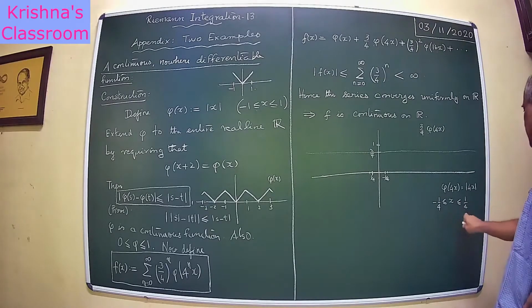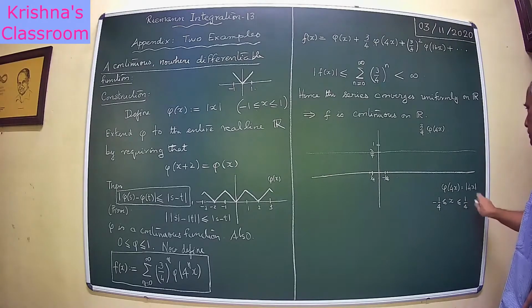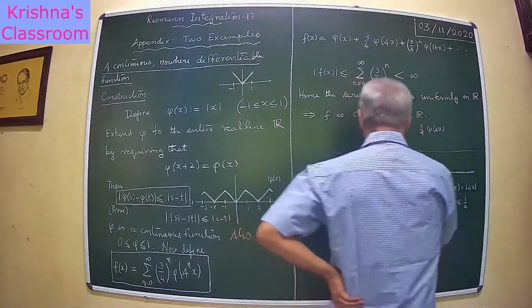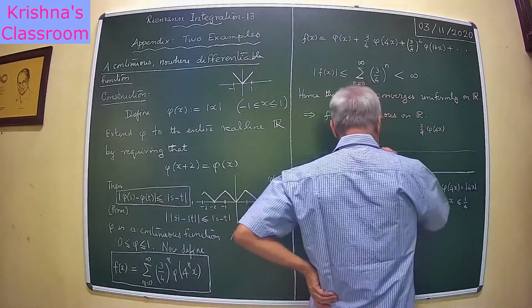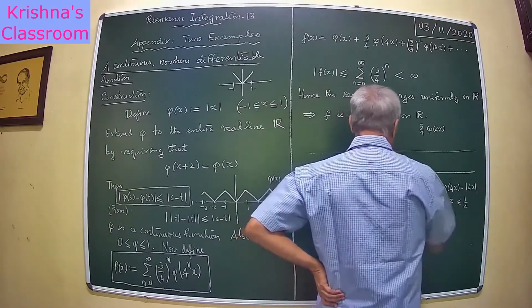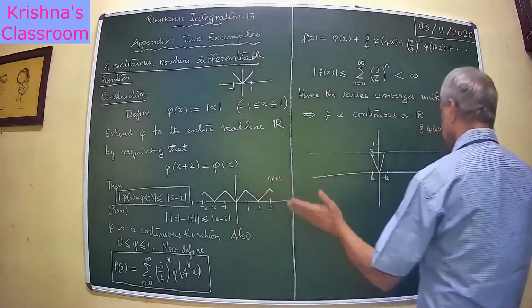Over this interval the bound is given by 1, therefore it is bounded by 3 by 4. And so you see that this function takes this form, and then of course extend it further.